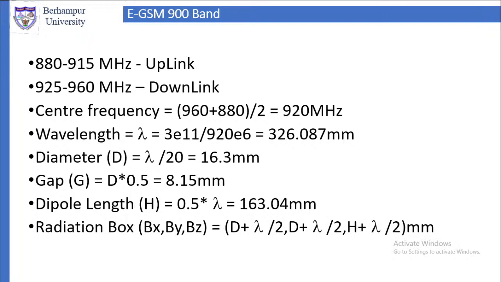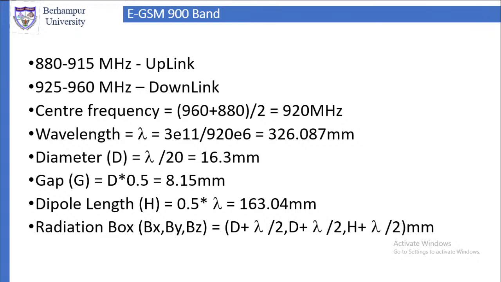That is the gap. Then the length of the dipole: since it is a half wave dipole antenna, its length will be lambda by 2. So dipole length H is equal to 0.5 into lambda, or lambda by 2. That is equal to 163.02 millimeter.